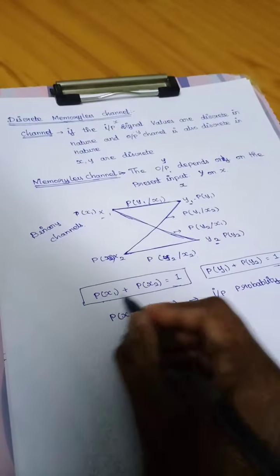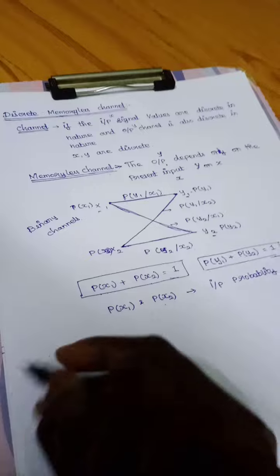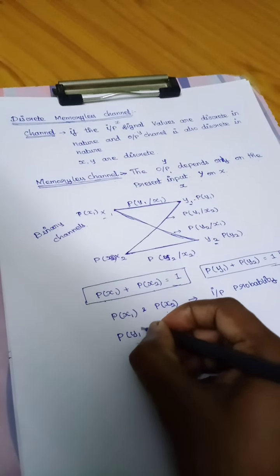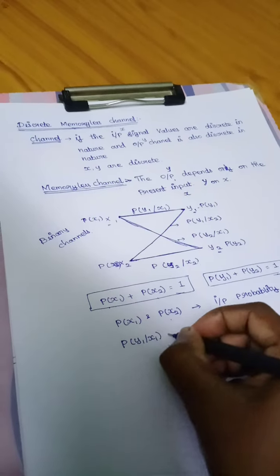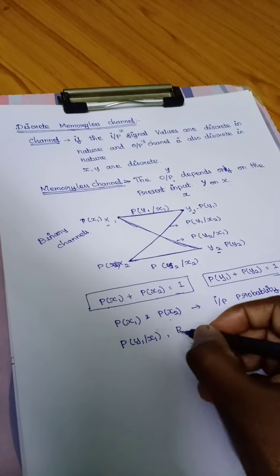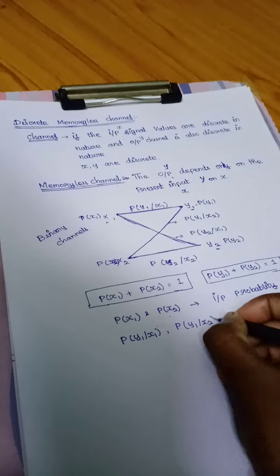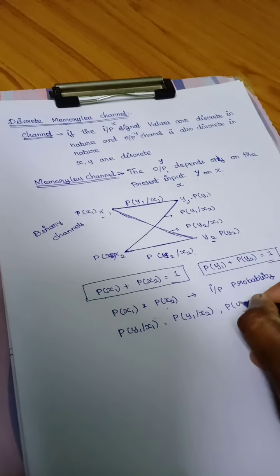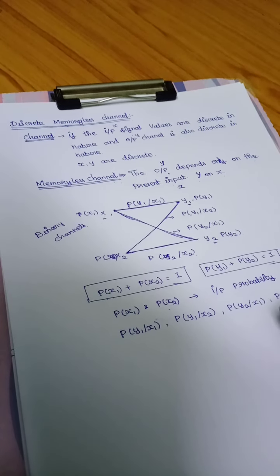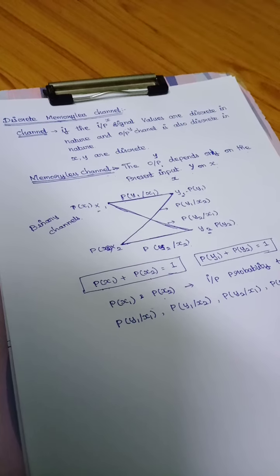Here P of X1 and P of X2 are the input probabilities, that is transmitting, and P of Y1 divided by X1, P of Y1 divided by X2, P of Y2 divided by X1, probability of Y2 divided by X2.